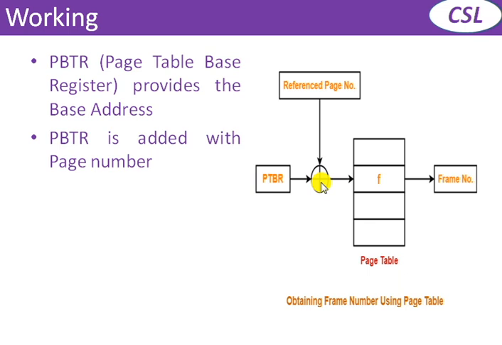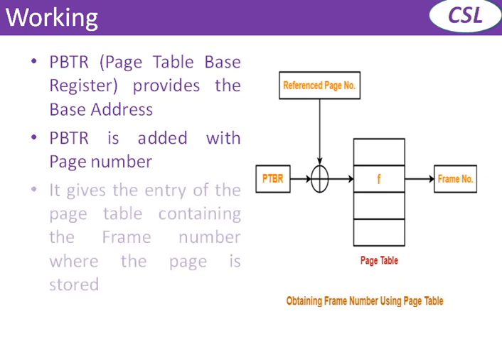This is the page number, and we have the page table base register value, so we can sum them up and then we get the corresponding frame. We know that the page table consists of the corresponding frames. So we have the page number and the base address, we combine these, and we can get the location where the mapped frame will be available. So that is the working of the page table.